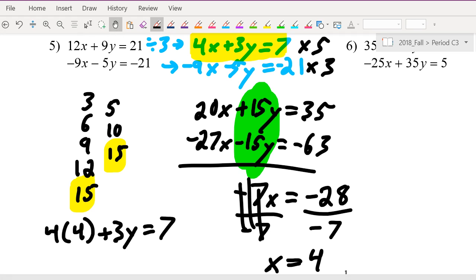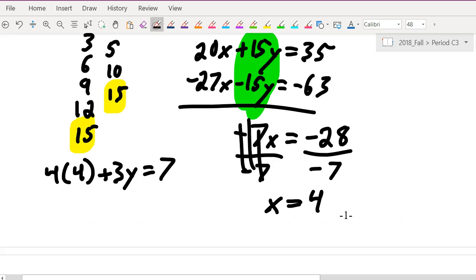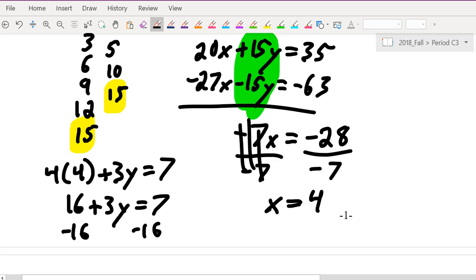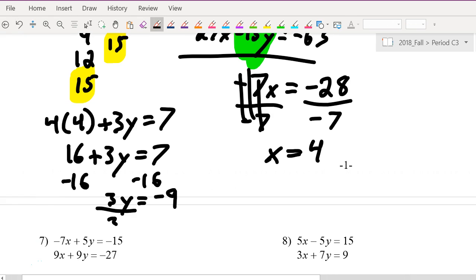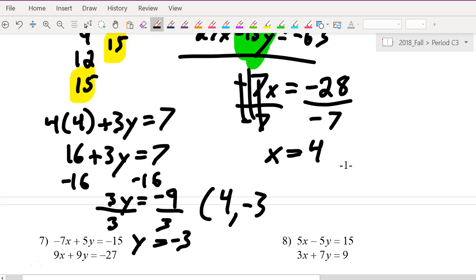So we got 16 plus 3y, equals negative 9. And then we divide by 3. y equals negative 3. Okay, (4, negative 3).